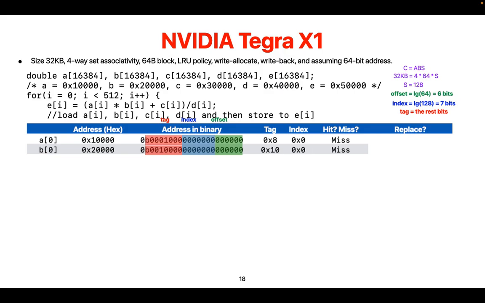Is it capacity related? Is it set associativity? It's a set associativity cache. So it's the set associativity, right? So if you look at this cache, it's a 4-way set cache.